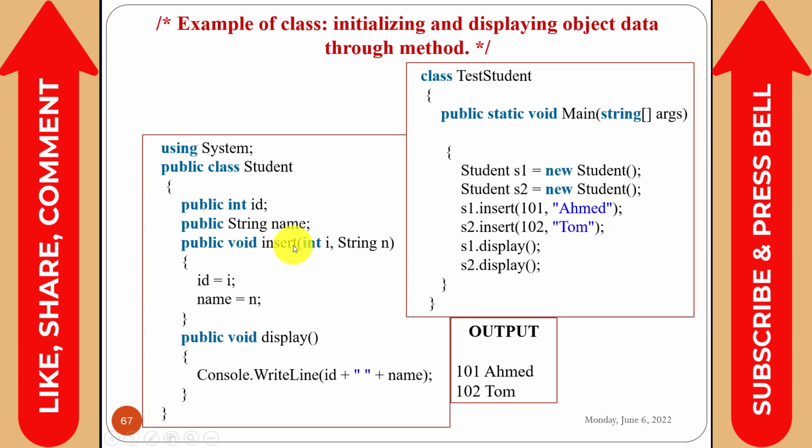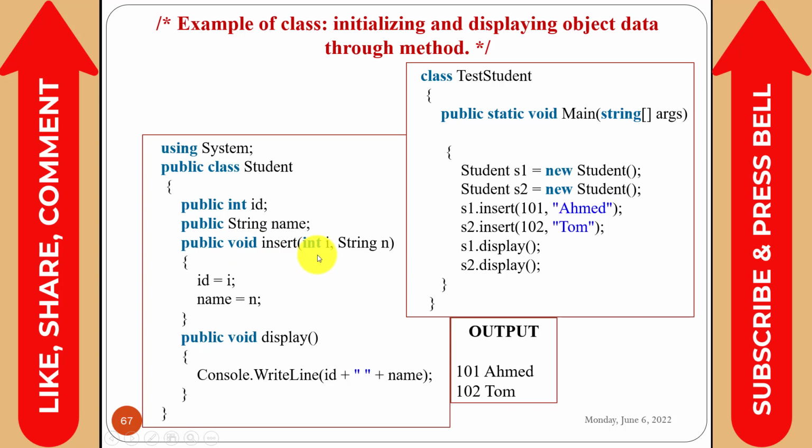With the help of insert, we can understand here this is a method insert, and inside the insert method we have 2 parameters. So it is a parameterized insert method. Non-returning value, we are using void as a return type.